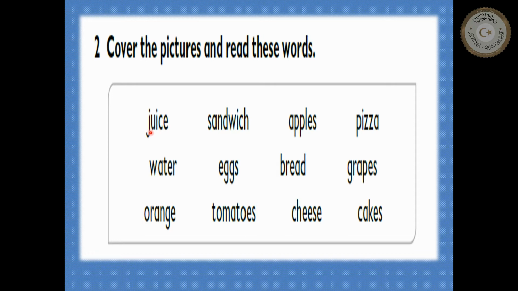Juice, sandwich, apples, pizza, water, eggs, bread, grapes, orange, tomatoes, cheese, cakes.